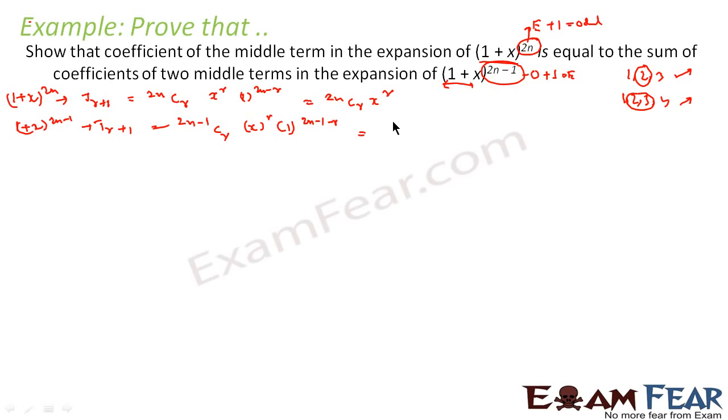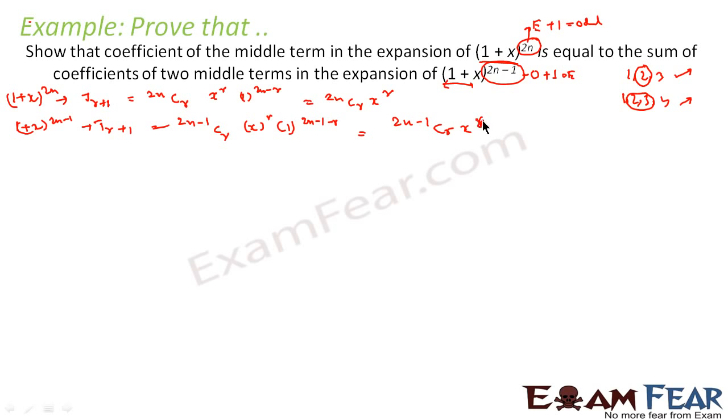So this is equal to 2n minus 1 C r x to the power r. So if you see, the coefficient is 2n C r for t r plus 1 in the first case, and in this case the coefficient is 2n minus 1 C r for t r plus 1.